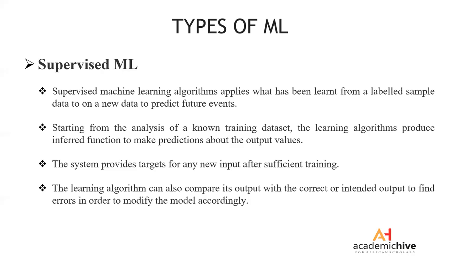The learning algorithm also compares its output with the correct or intended output to find errors in order to modify the model accordingly. In supervised machine learning, we have a large data set. Part of this data set is used for training the machine, and then the remainder is used for validating the output.